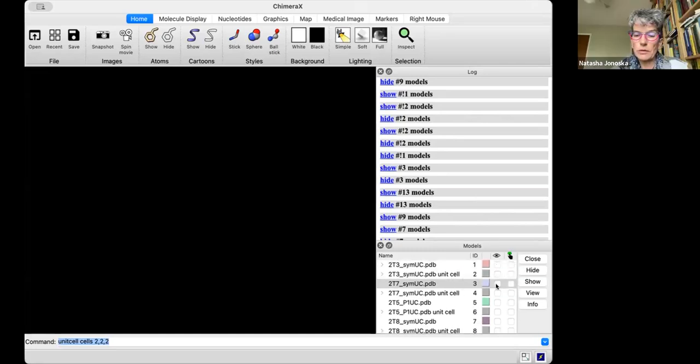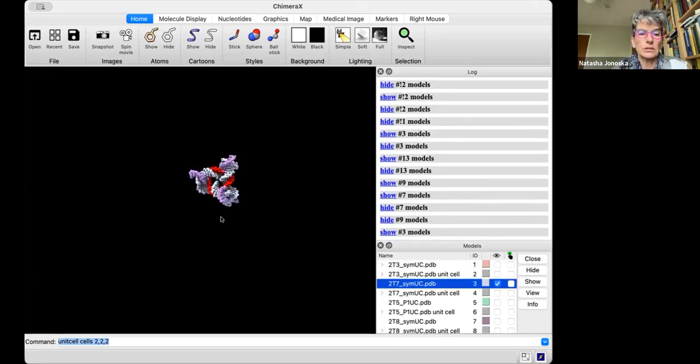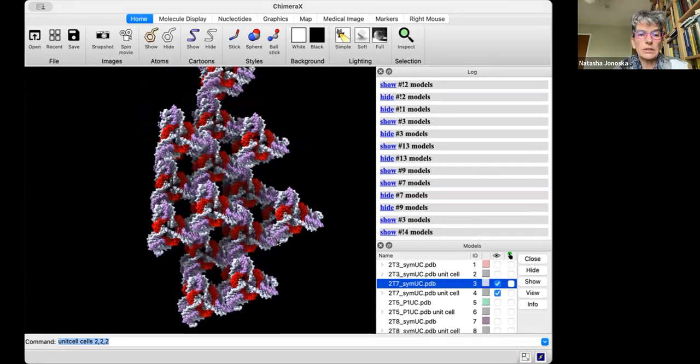First of all, I'm going to show you the standard one that you just saw an image of. This is an image of that standard crystallographic structure. This is the triangle that was originally formed to form that crystal. And if I look at the crystal itself, it looks like this.